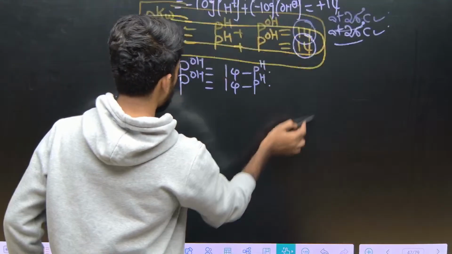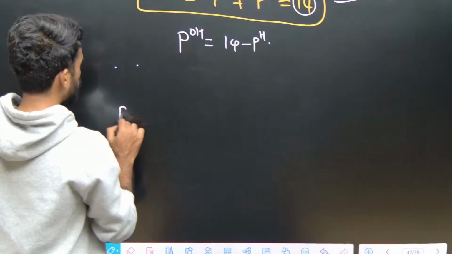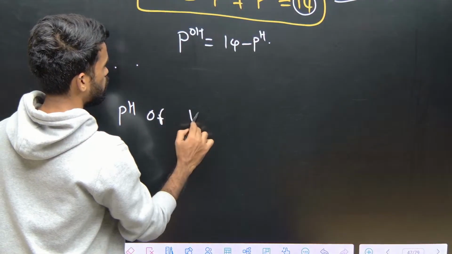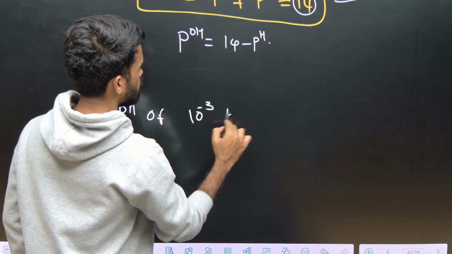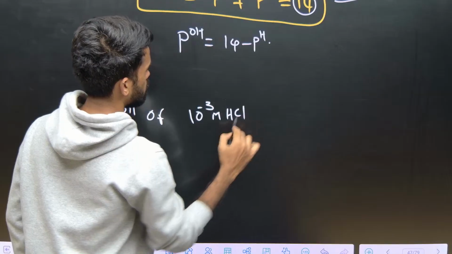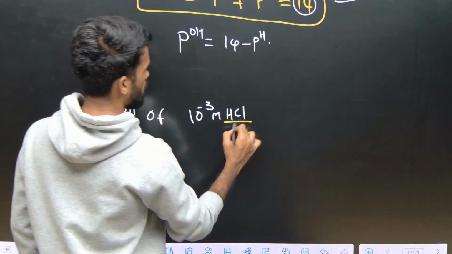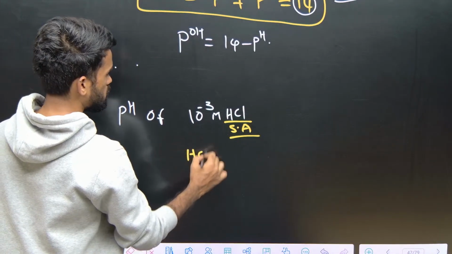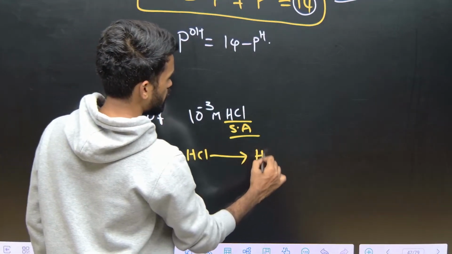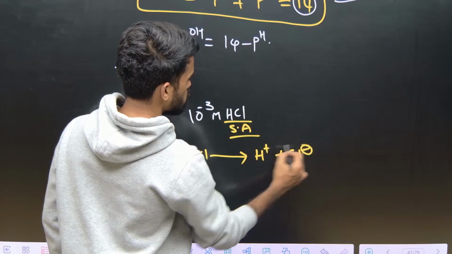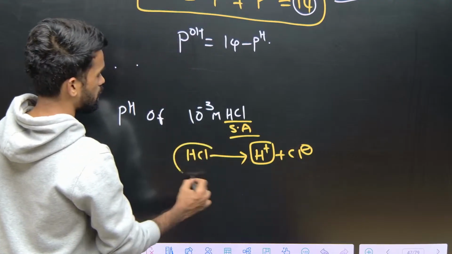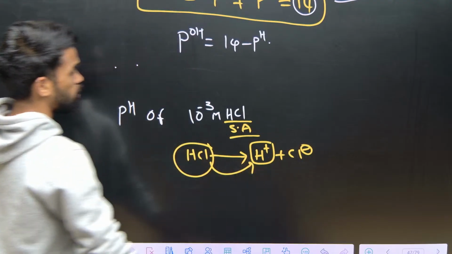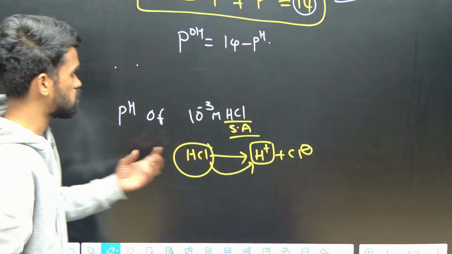So now they simply ask what is the pH of 10 power minus 3 molar HCl. So what to do? HCl is a strong acid. So for a strong acid, like a strong electrolyte, it gives H plus ion and Cl minus. Whatever the concentration of HCl is, the same concentration will be there for its H plus ion, because it is a strong electrolyte.